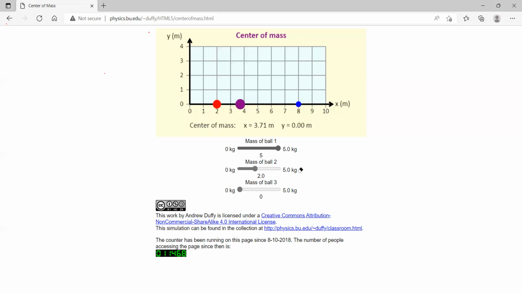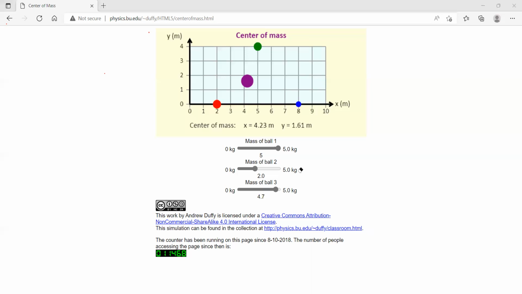But let's see what happens if we have more than two particles. Now let's introduce another particle. You see that now it's even more complicated. When there are two objects in one line, the center of mass is basically in between the two objects. But when we have more than two particles, it is even more complicated. So the mathematics we need to understand this is this.